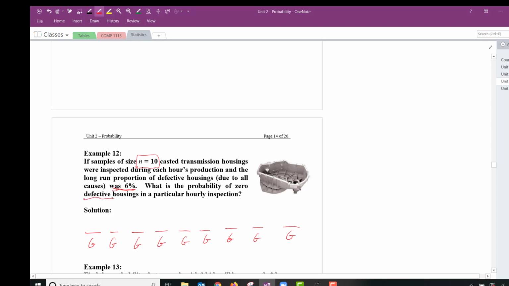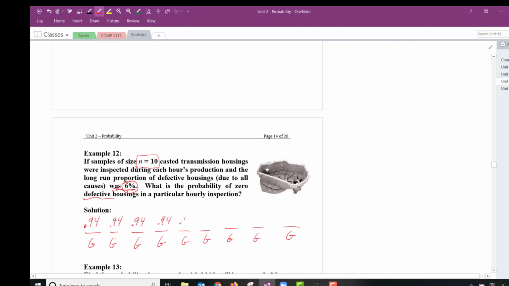I've switched my thinking to, it'd be easier to solve this in terms of all good. The probability that the first one is good is the complement of this 6%. If there's a 6% chance they're bad, then there's a 94% chance it's good. And I need all 10 of these.